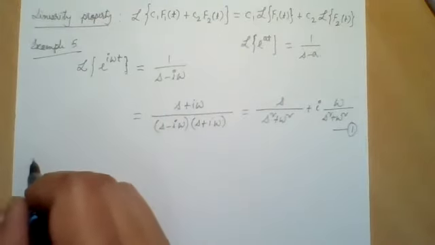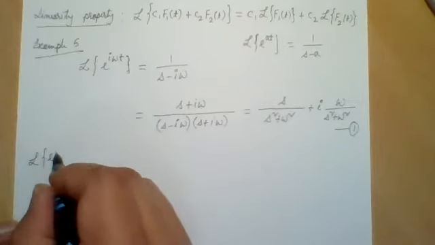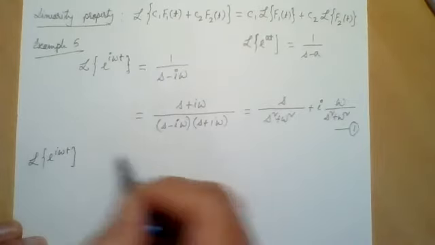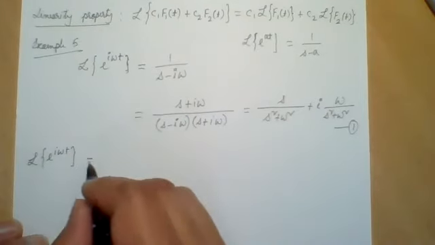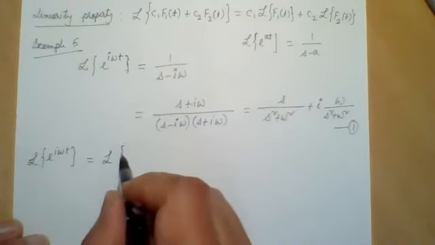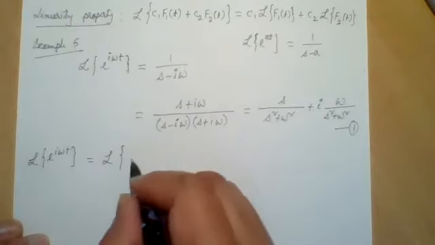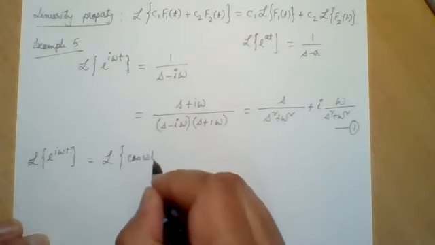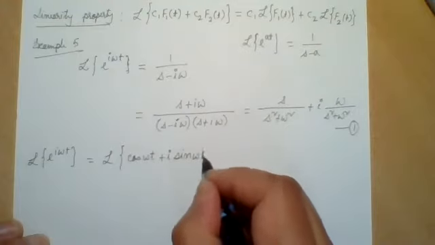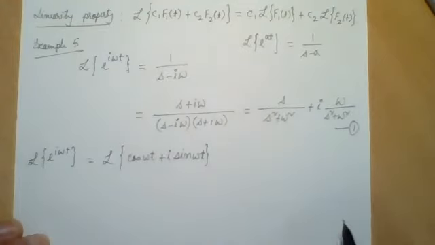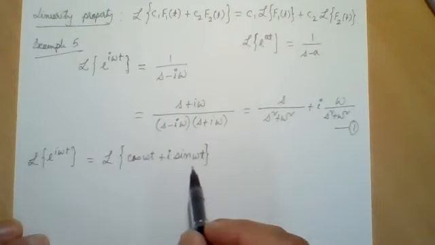Now again, let us calculate the Laplace transform by using Euler's formula. We know that e to the power I omega t is cos omega t plus I times sin omega t.